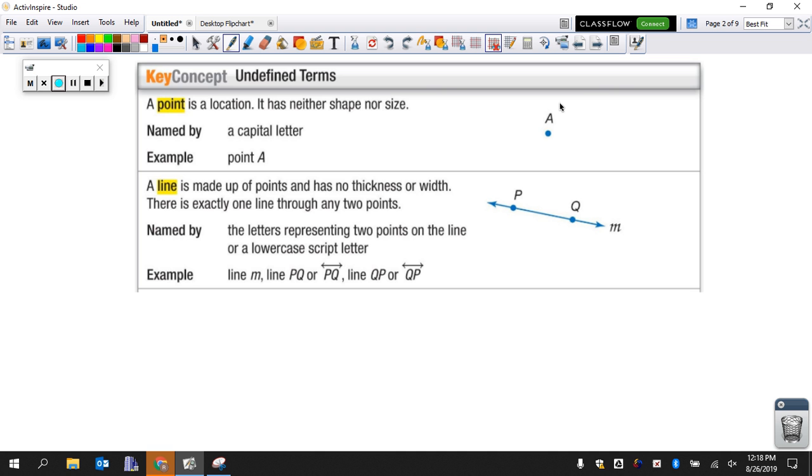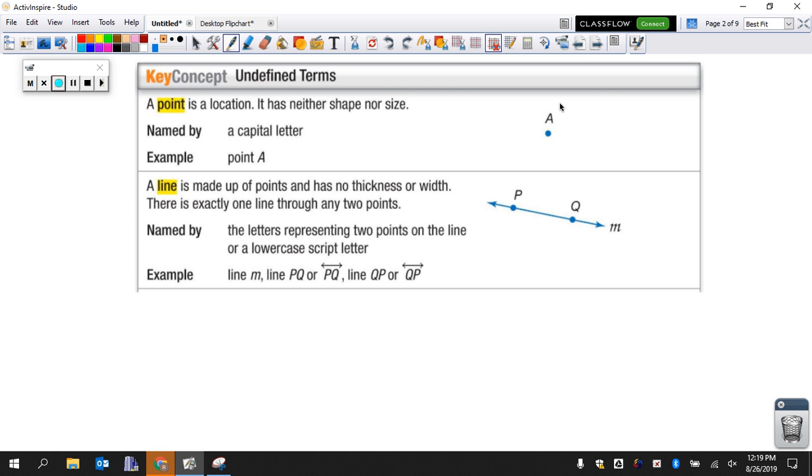A line is made up of two or more points, and it has no thickness or width. The minimum number of points that you can use to make up a line is two. So there's exactly one line through any 2 points, but it's not restricted to 2 points. A line actually consists of an infinite number of points.